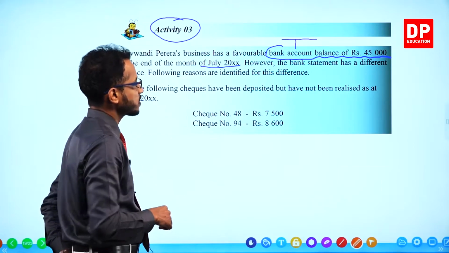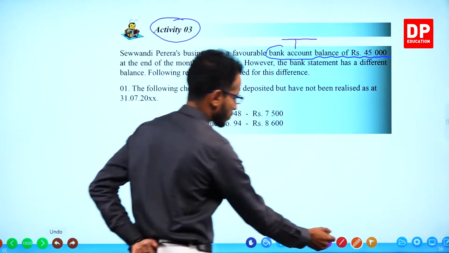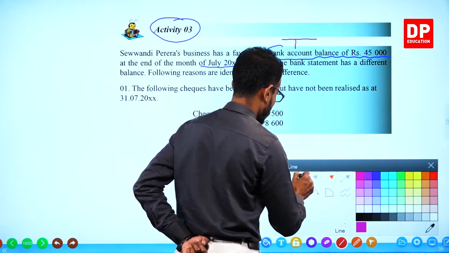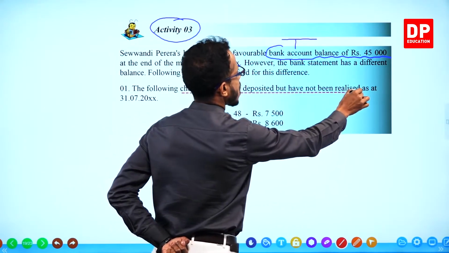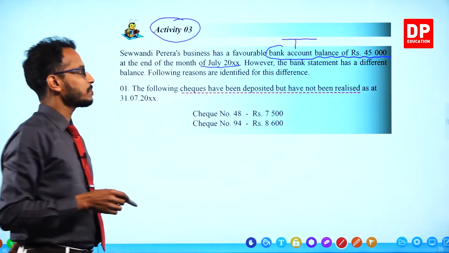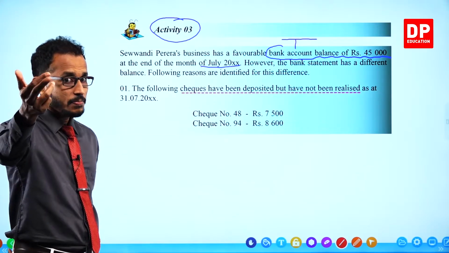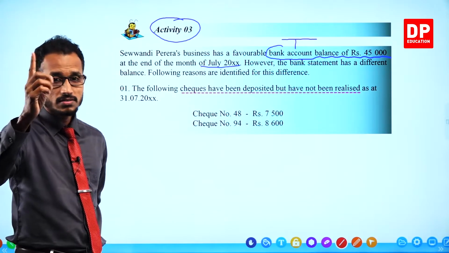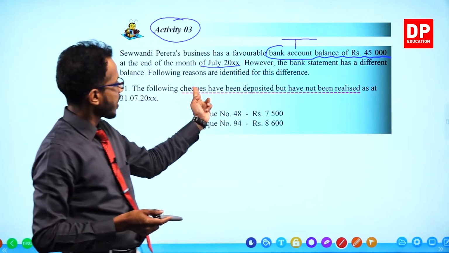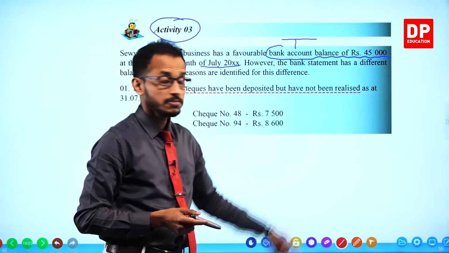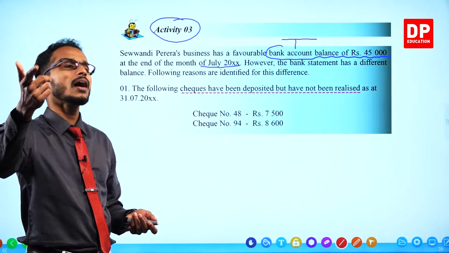Checks which are deposited but not realized. Now you tell me a word, a name for this. One word for checks that have been deposited but have not been realized. Unrealized checks.